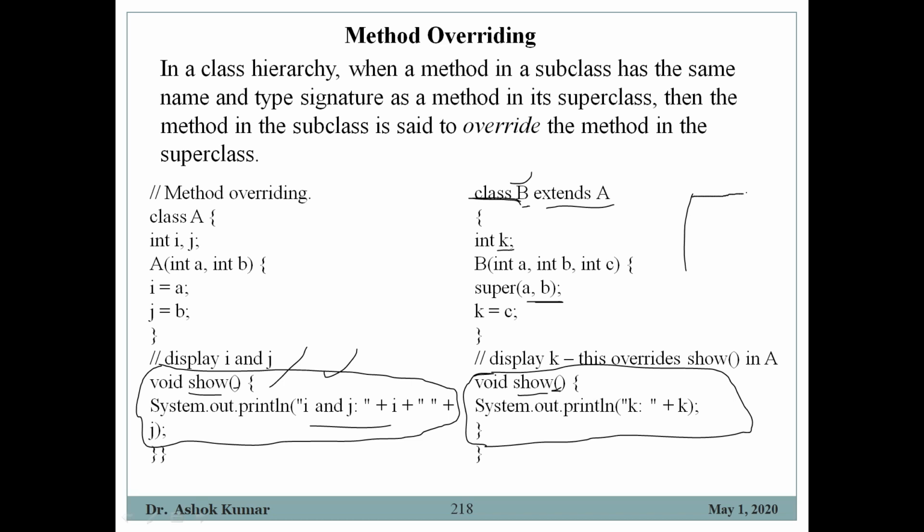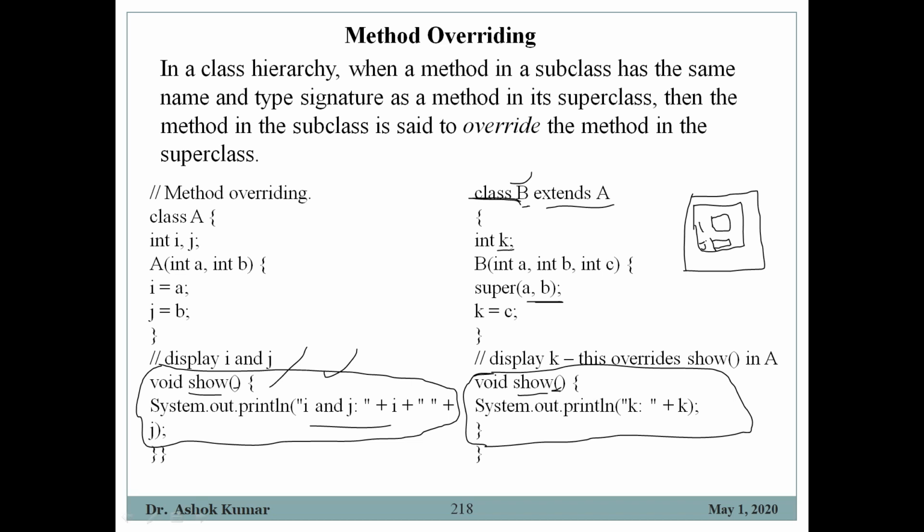So this is the subclass object, and in this subclass object we will have the object of the superclass, and in the superclass object we will have two variables I and j.